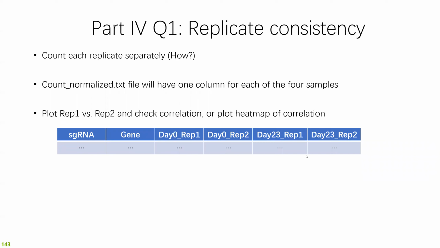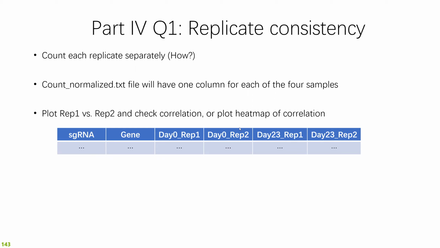Yeah, and the third layer of checking QC is to check replicate consistency. So we want to see that the replicates for day 0, for example, are quite consistent. The results we got are quite consistent.